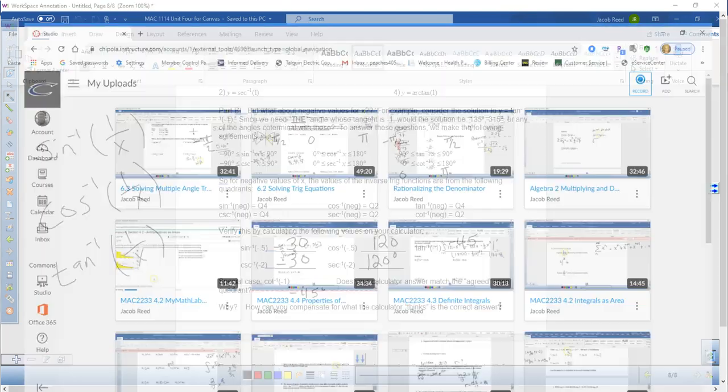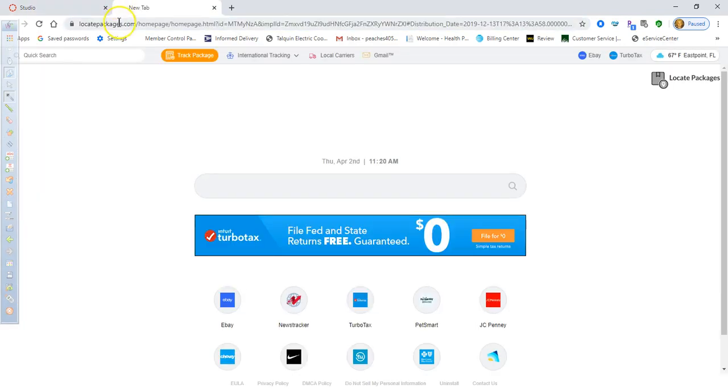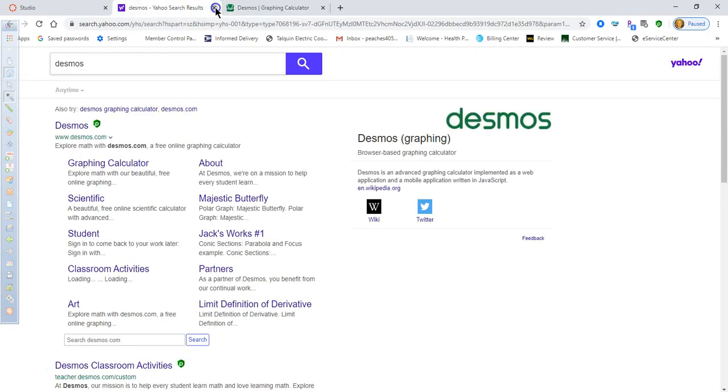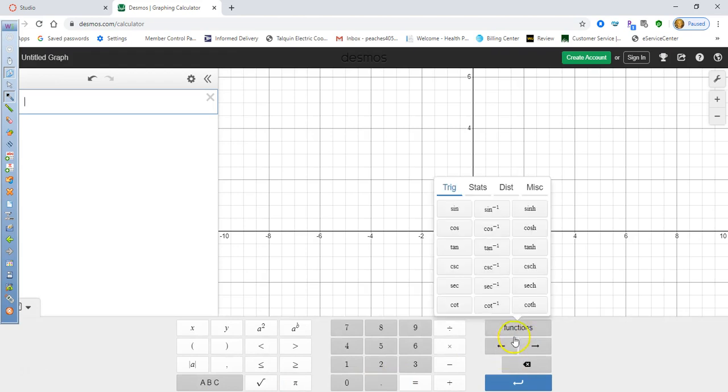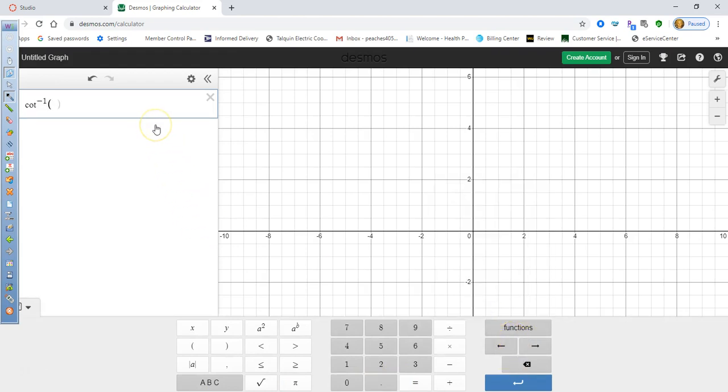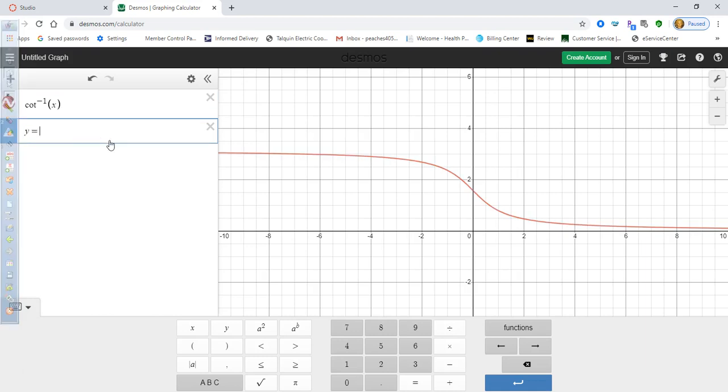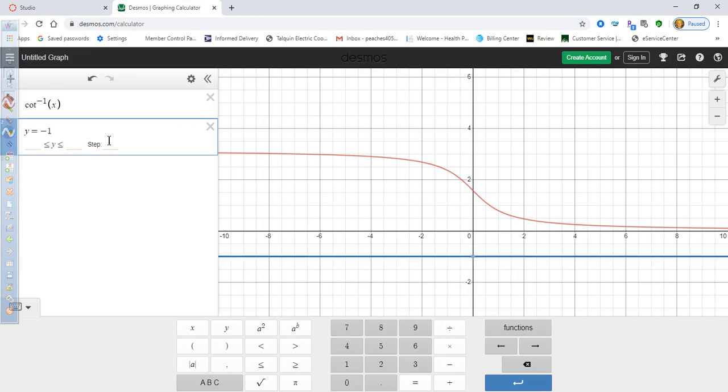Now I want to show you, pull up Desmos. If I type in cotangent, I'm going to use the keyboard, functions, I want cotangent of x, and then I want y equal to -1.